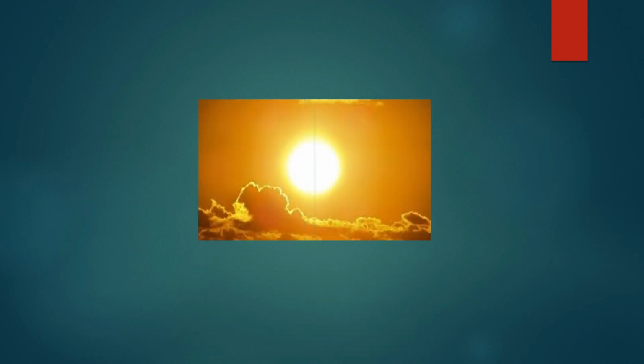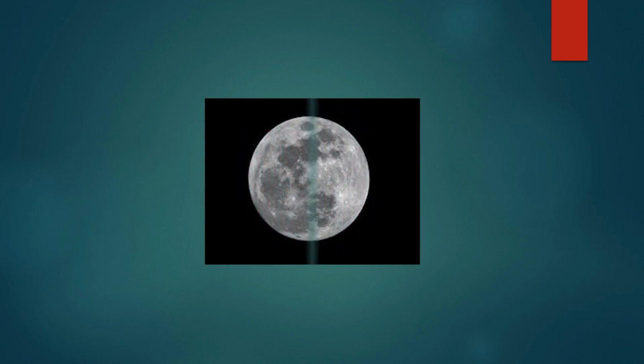What's this? Yes, this is the sun. We know that the sun has a round shape like a circle. Okay, next is the moon. The moon also has a round shape like a circle.